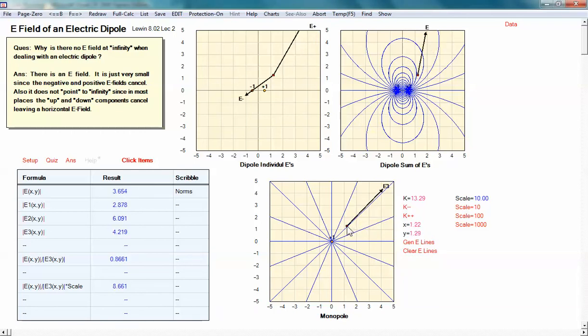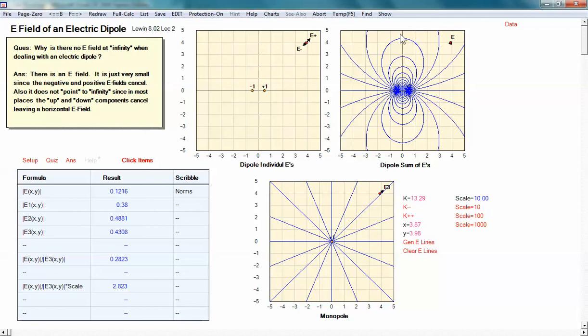Back here, it's very strong. If I get close to the charge, it goes off the page. It's so strong. But if I go out here, it's diminishing in intensity. And that's reflected in these field lines, out here the field lines are a lot further apart. Their denseness is a lot less, and that's because the field is less intense there.